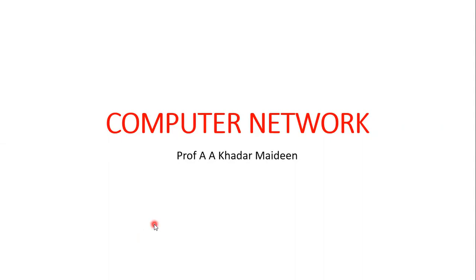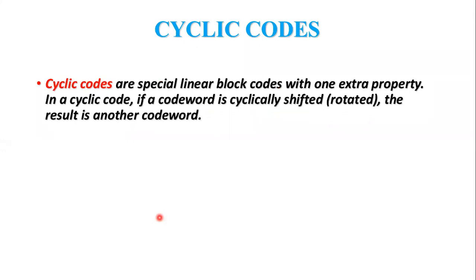This class, I am going to discuss the cyclic codes. The cyclic codes are special linear block codes with one extra property: if a code word is cyclically shifted, that is rotated, the result is another code word.